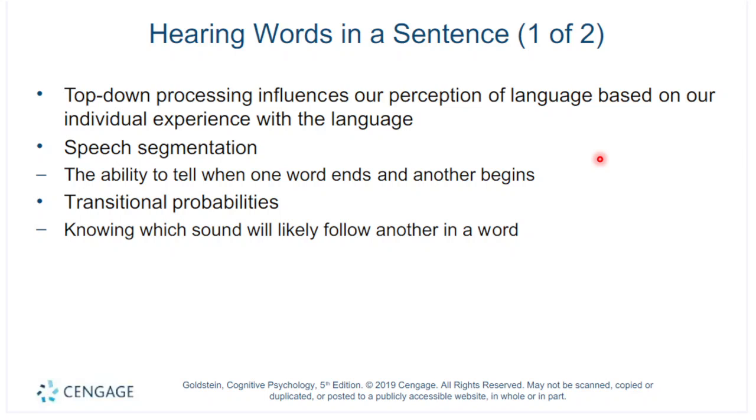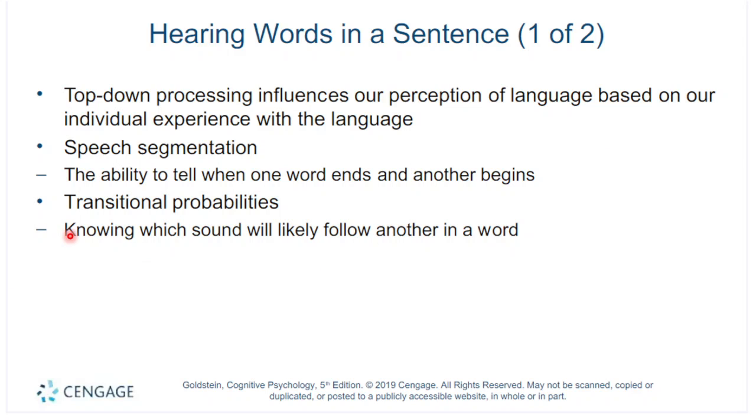We know that we are using compound words, like for example, malay tao, or yung mga nursery songs, yung tutuka-tuka, 'di ba? So those things are understood by us due to speech segmentation. Because we understand the language, we know where one word ends and where another word begins.